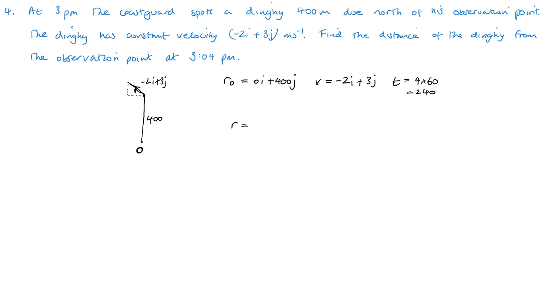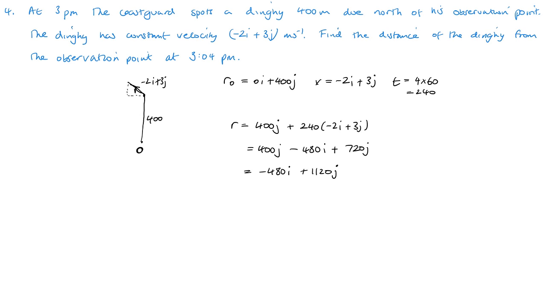So r is going to be 400j plus 240 times -2i plus 3j. So 400j minus 480i plus 720j, or minus 480i plus 1120j. So that is the position vector.